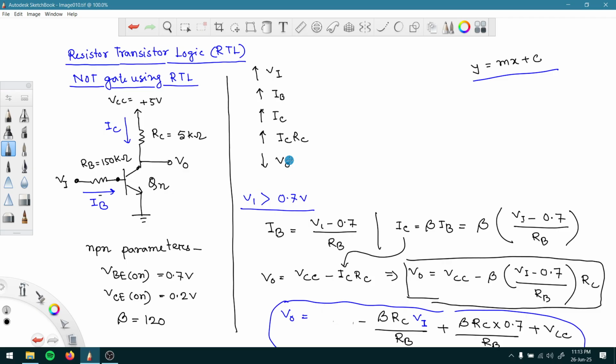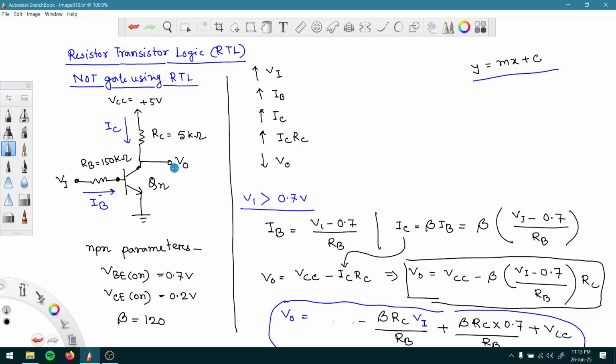So what happens when we keep increasing this Vi value? At a certain point we will reach saturation of this transistor, because for the saturation condition VCE should be 0.2 volt. VCE is this collector to emitter voltage.